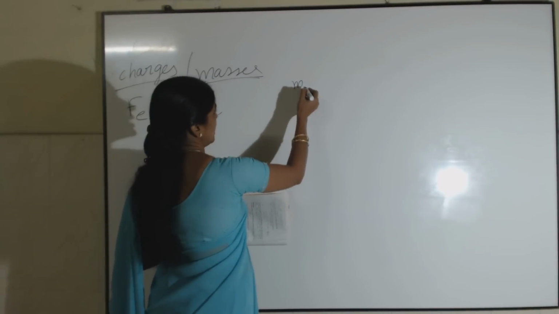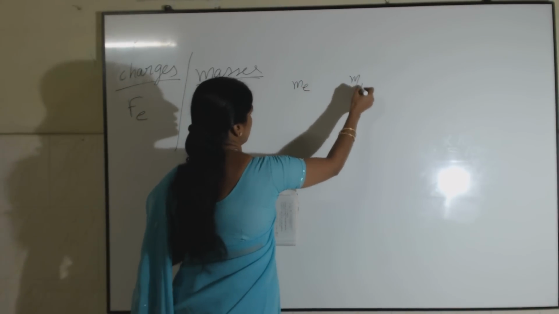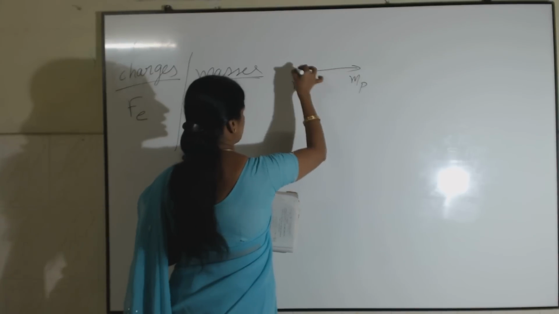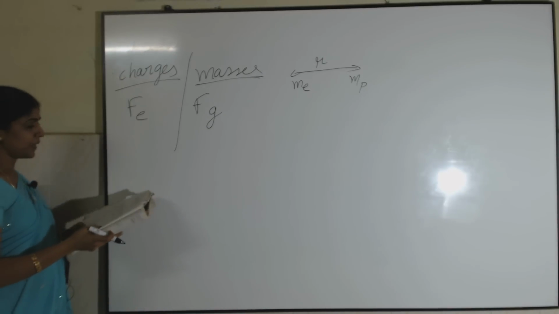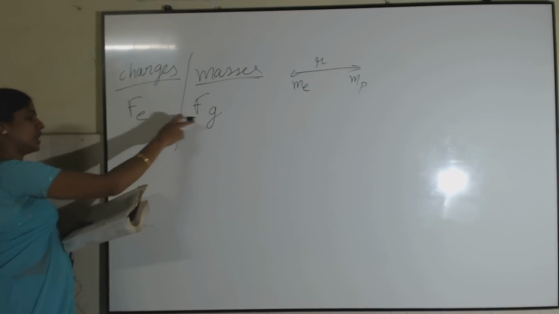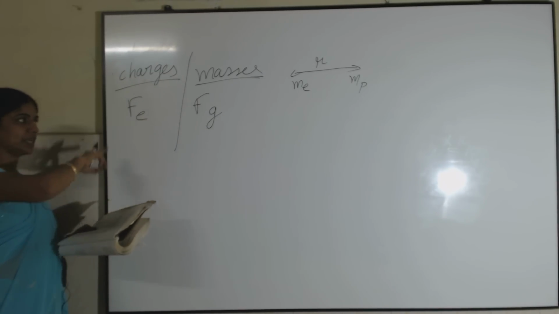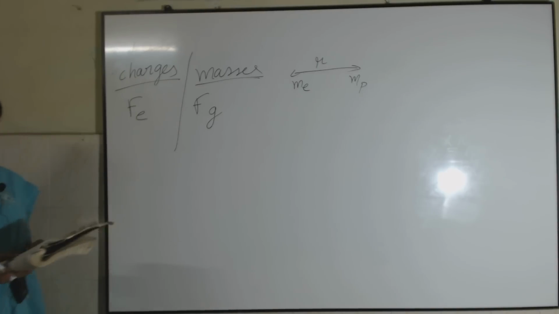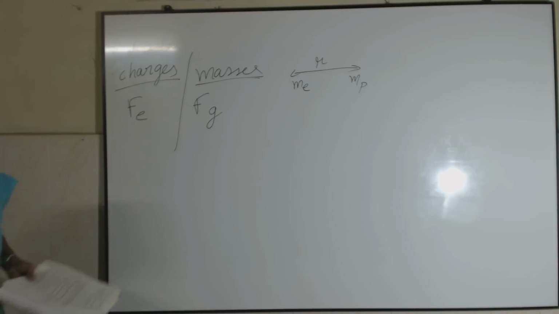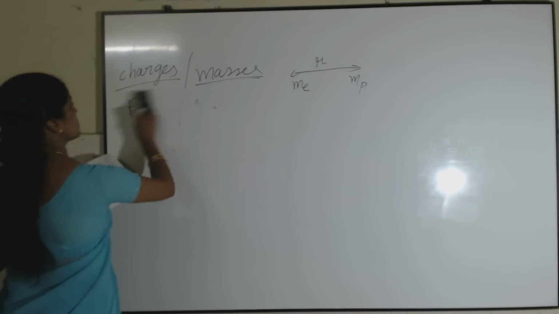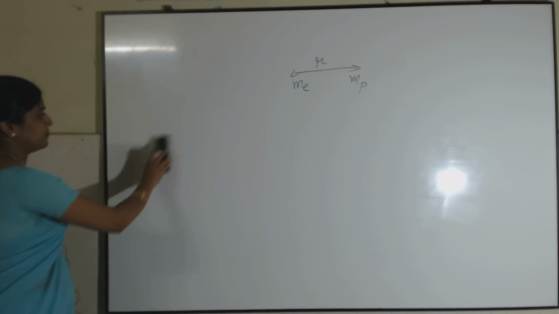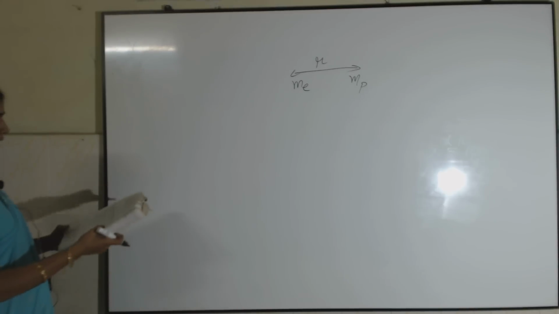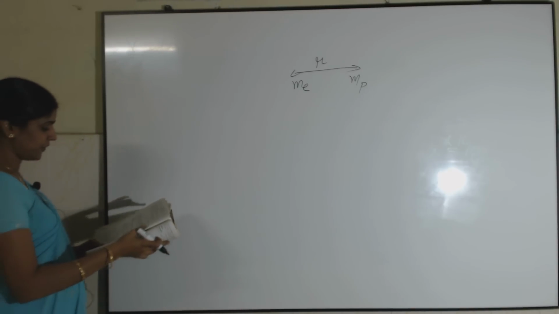So here the mass of the electron and the mass of the proton are given. They are separated by a distance of r in a hydrogen atom. You want to compare these two forces and find out which force is greater, the gravitational force or the electrostatic force. The given data is, already we have studied the force of attraction between masses in a gravitational field.